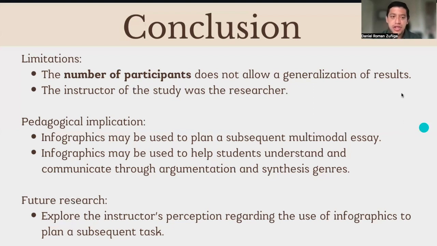In the case of pedagogical implications, we can see that infographics may be used to plan a subsequent multimodal essay, and infographics may be used to help students understand and communicate through argumentation and synthesis genres.